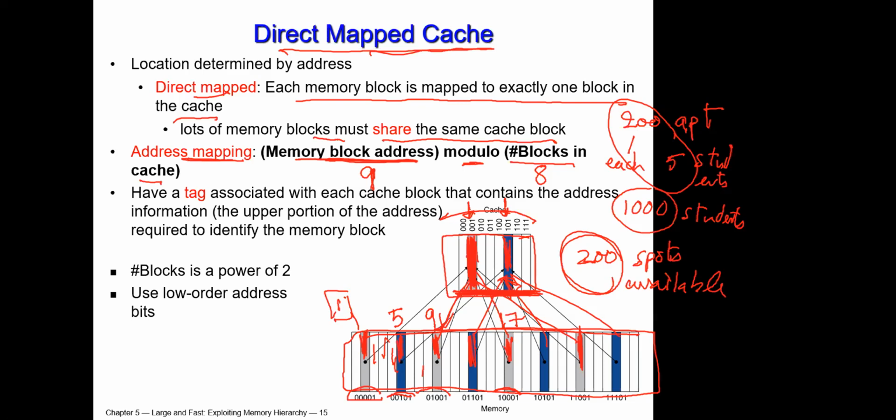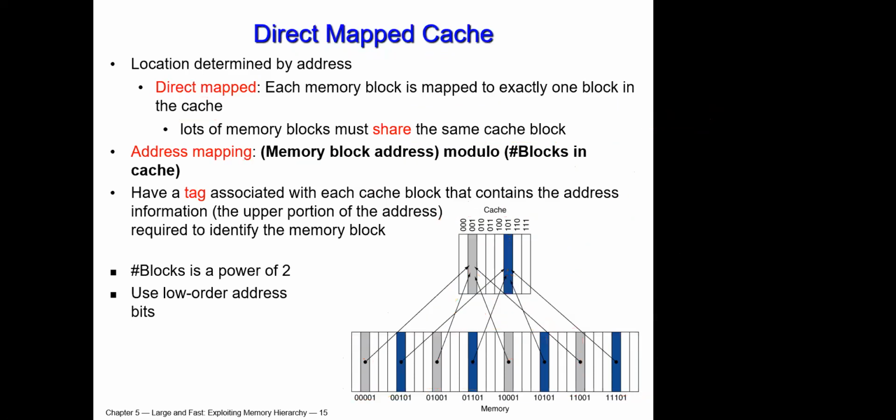If you look closely, you will find that the spots that are sharing the same location have exactly the same first 3 bits. In this case, it is 001, 001, 001.